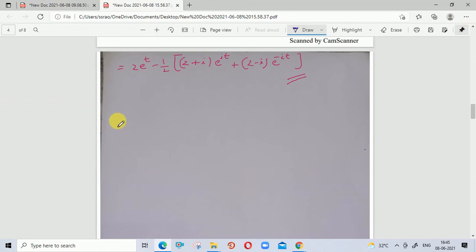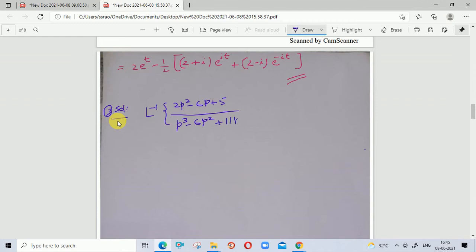So L inverse of 2p square minus 6p plus 5 divided by p cubed minus 6p square plus 11p minus 6. This is the given problem.